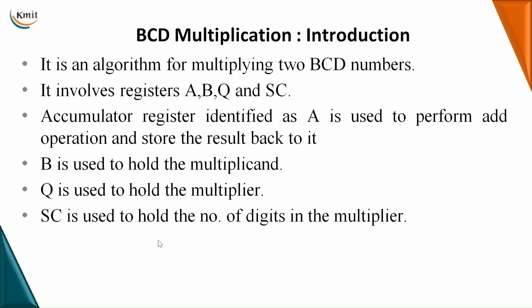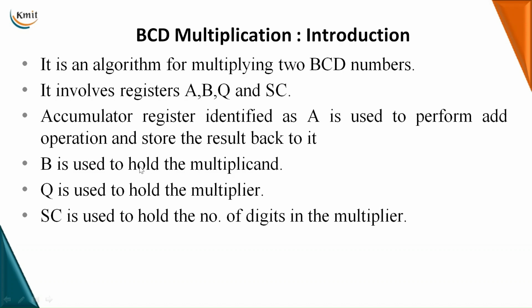Next, coming to the BCD multiplication operation. This is an algorithm used to multiply two BCD numbers. It involves using three registers A, B, Q and a sequence counter. The accumulator register A is used to perform an addition operation and store the result back into it as a part of the multiplication or division algorithm.